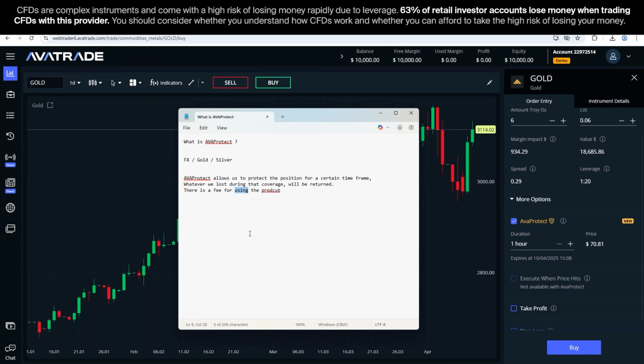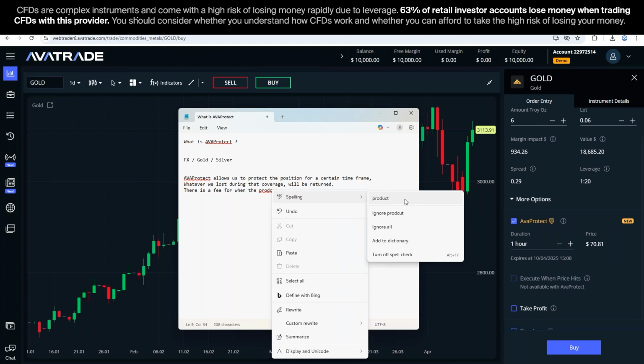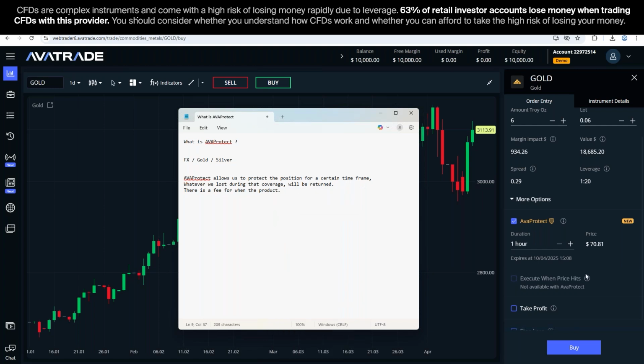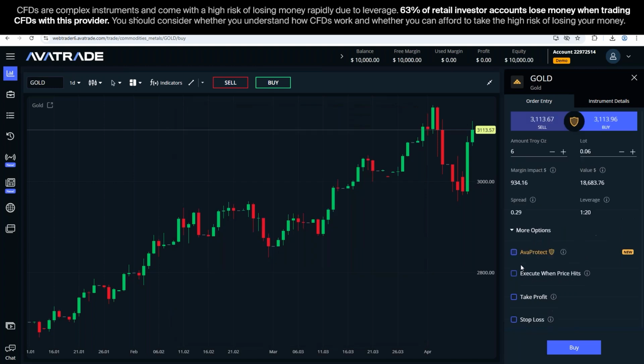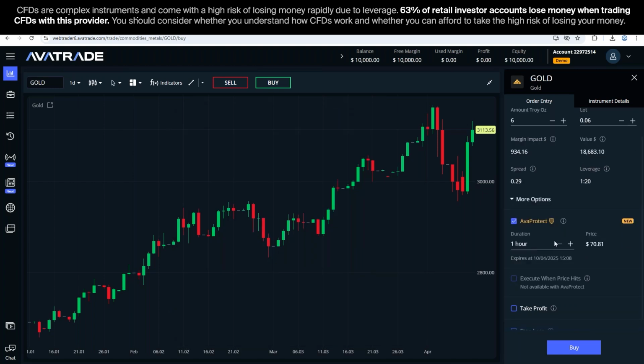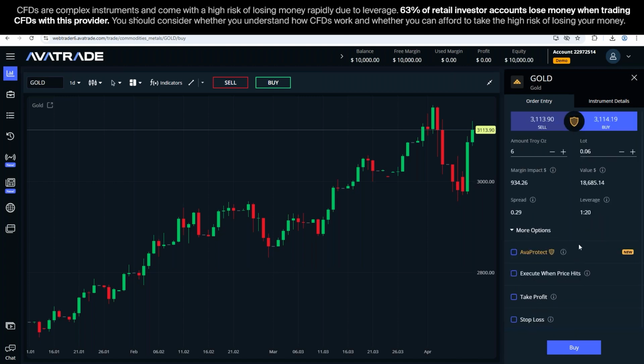Sorry, when using the product. Why did I correct it? Because even if I click here to enable AvaProtect, but then remove it, I activated the product but unmarked it again, I will not pay a fee, and this position will not be protected.